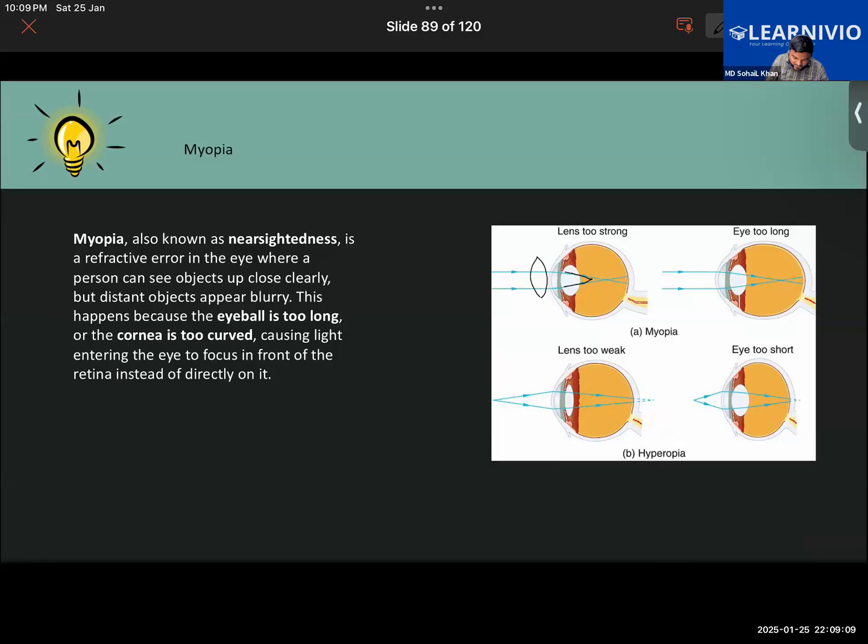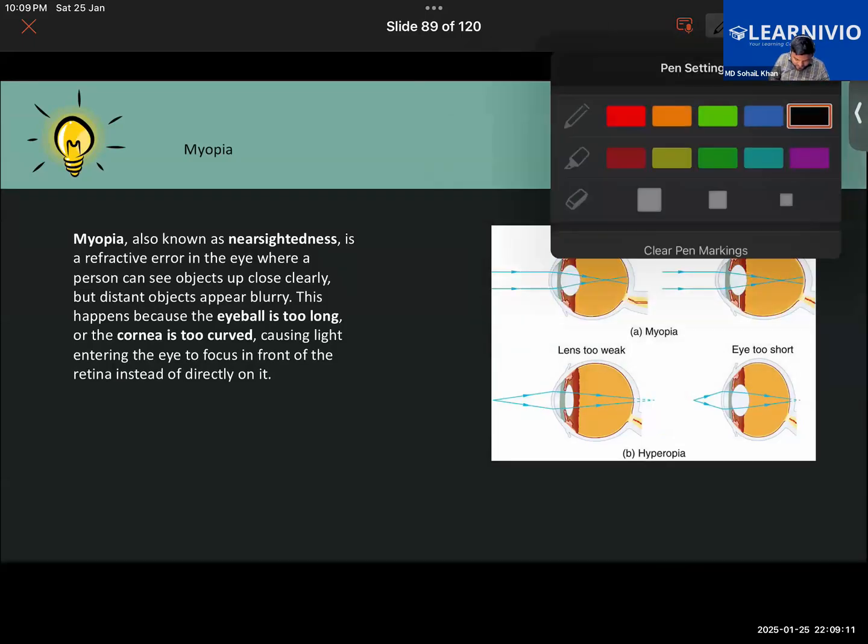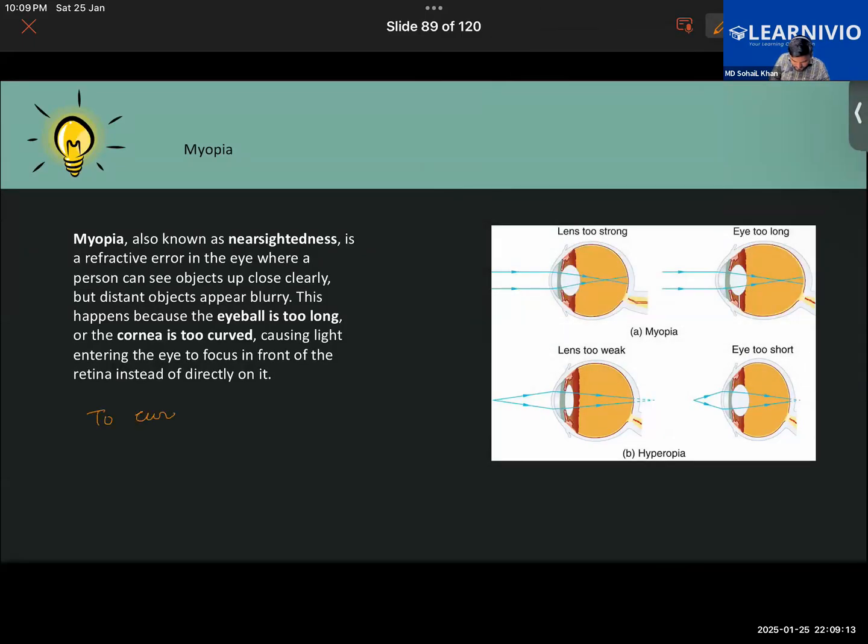To cure myopia, what lens do we use? Concave lens, okay? To cure myopia, a diverging lens, that is a concave lens, is used. So a concave lens has a shape like this.